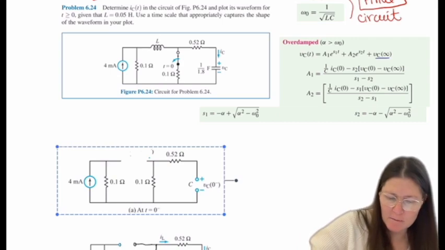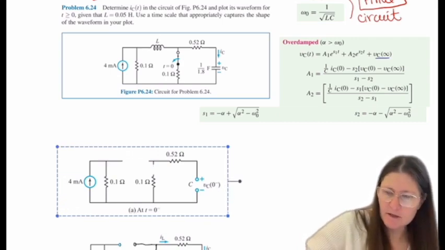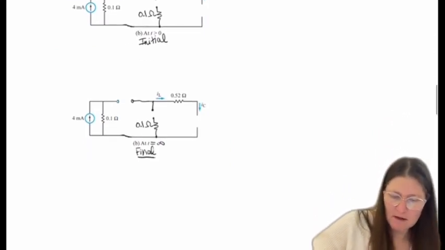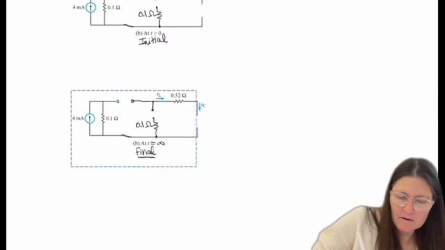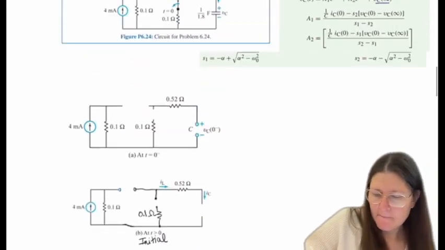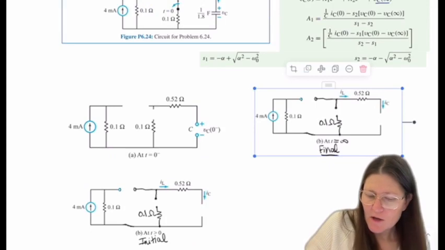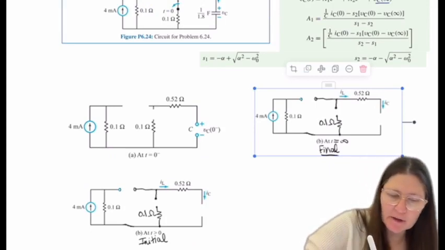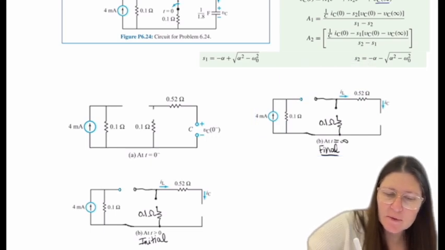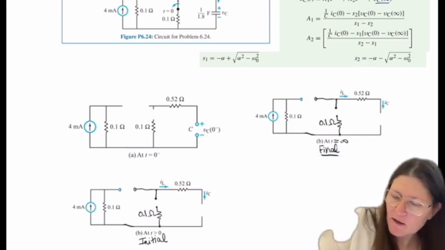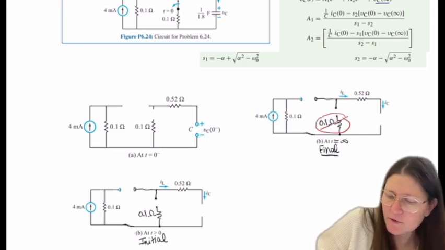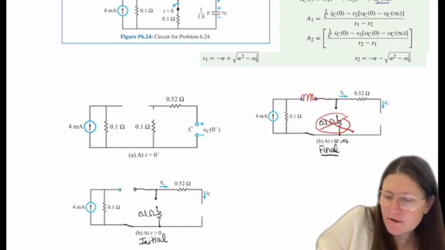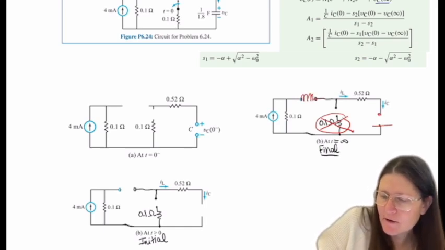So once you redraw this, you can see those two elements, the L and the C. If I redraw them, I hopefully can see that this is totally floating, so I can ignore that one. My L is here and my C is here.